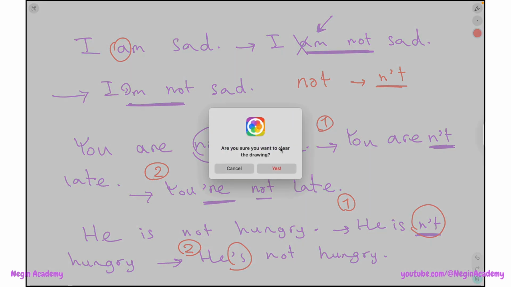And next example. We aren't busy. Just a moment, sorry. What happened here? Here the full form is are not.